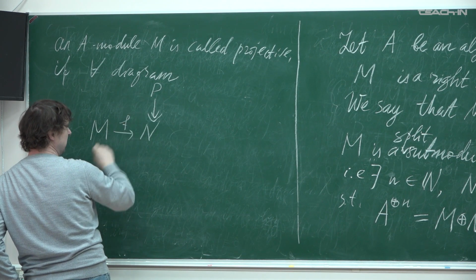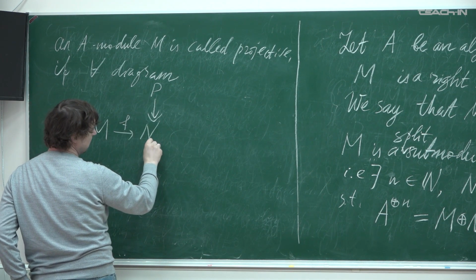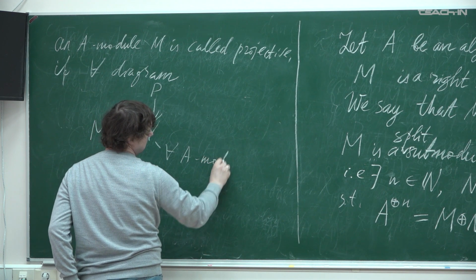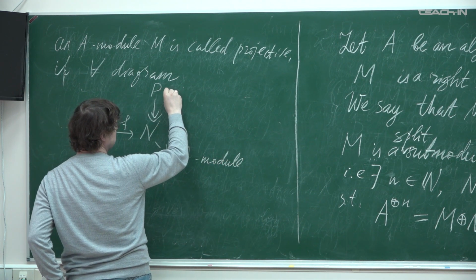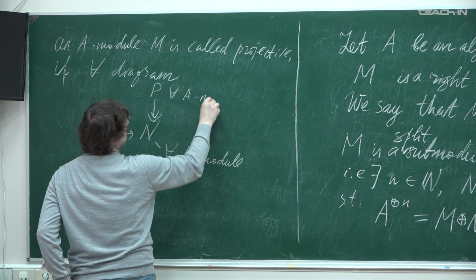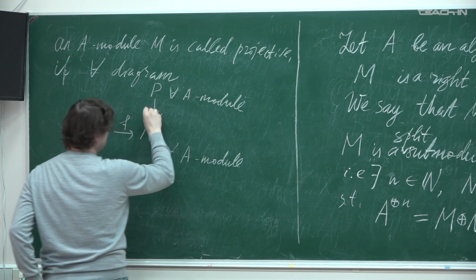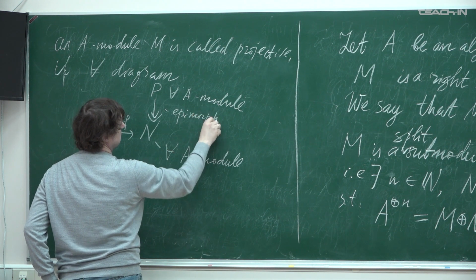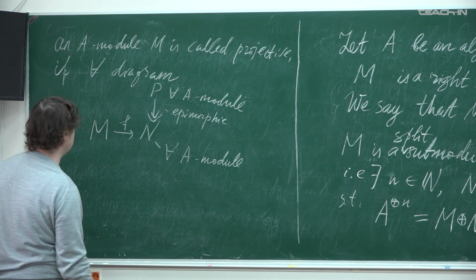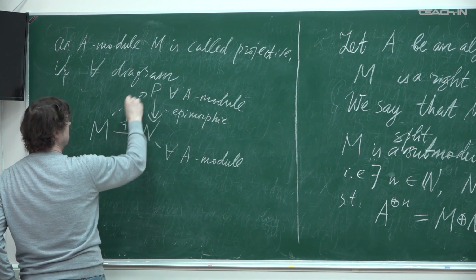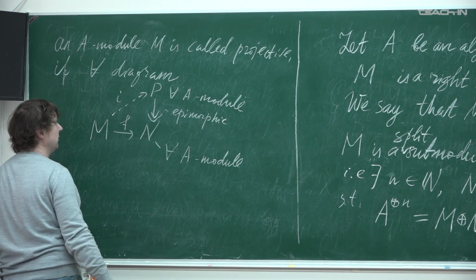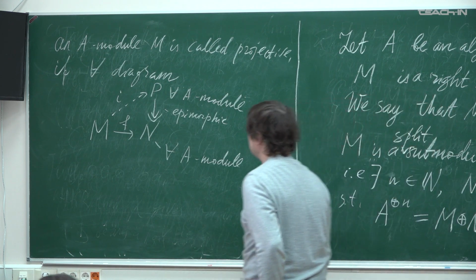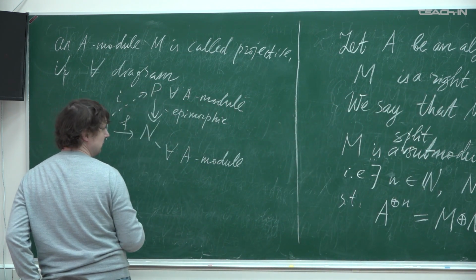So for every map M into N, where M is any A module and here we also have any A module, and here we have an epimorphic map, there exists a map I from M to P, which makes this diagram commute.